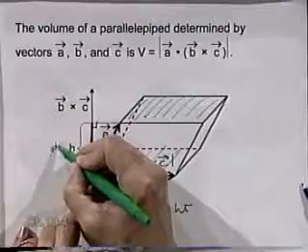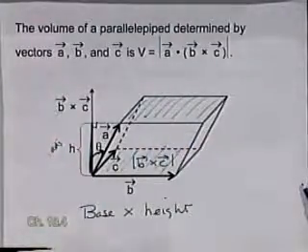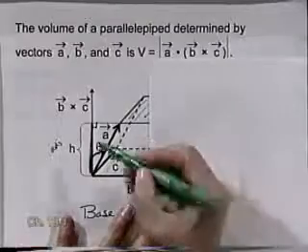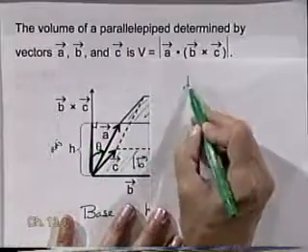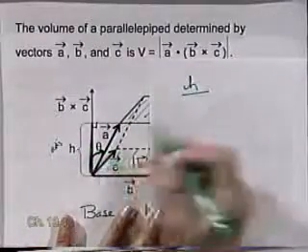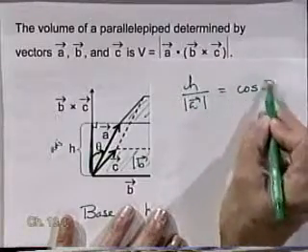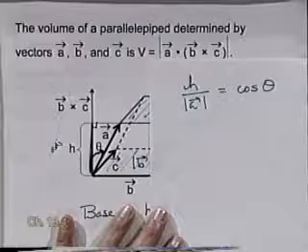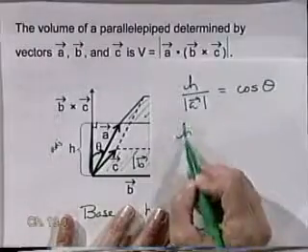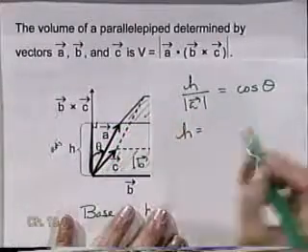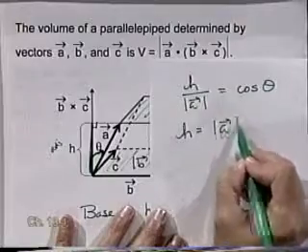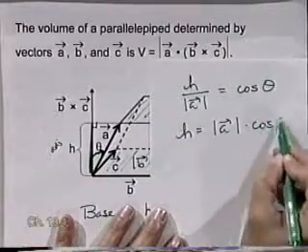It's adjacent. And I think all of us remember that if you take your adjacent side over your hypotenuse, and my hypotenuse is the length of A, that is equal to the cosine of the angle. So wait a second. H, this height right here, is equal to the magnitude of A times the cosine of theta.